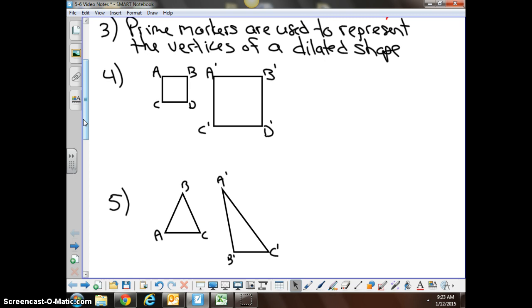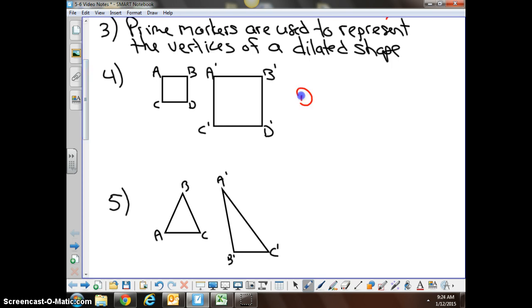So the question for number 4 is: is square A prime, B prime, C prime, D prime a dilated shape from square ABCD? And the answer to this one is yes, because it is just a bigger shape of the original shape. We didn't change the shape, we just changed the size of the shape.